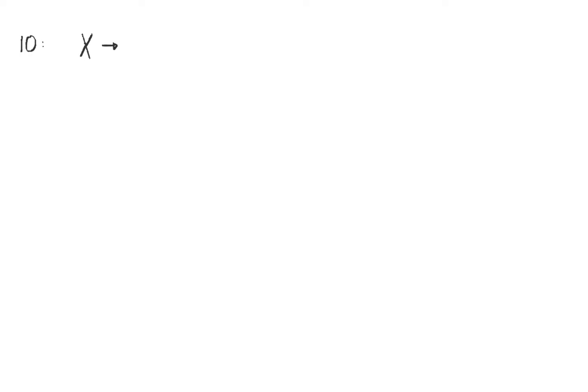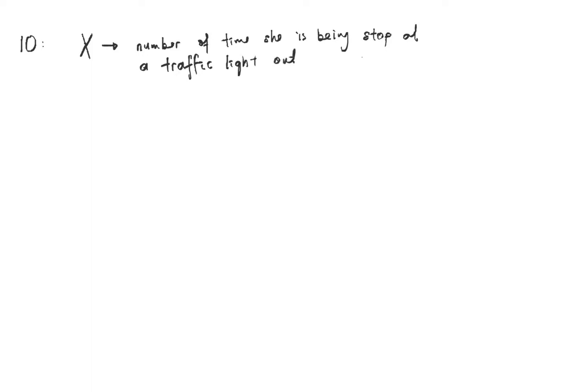Because the question says if she is stopped at more than 11 traffic lights, so now you are talking about X as the number of times she is being stopped at a traffic light out of 15 traffic lights. Can I say it like that?